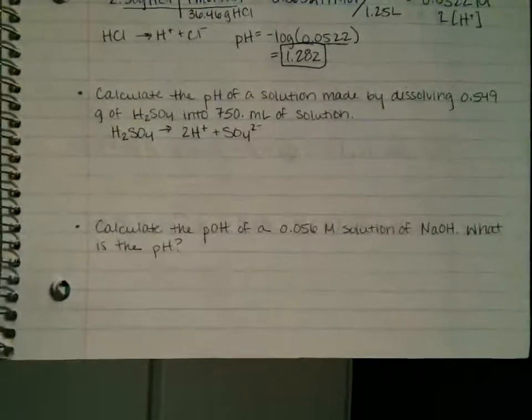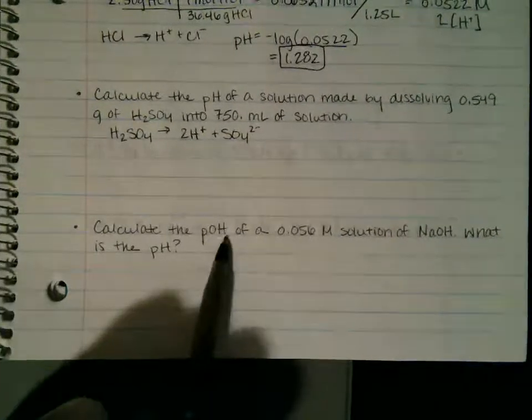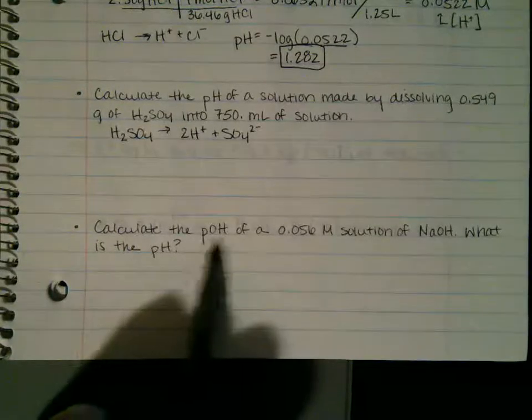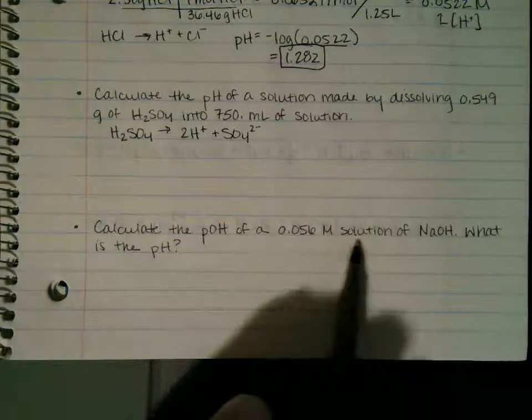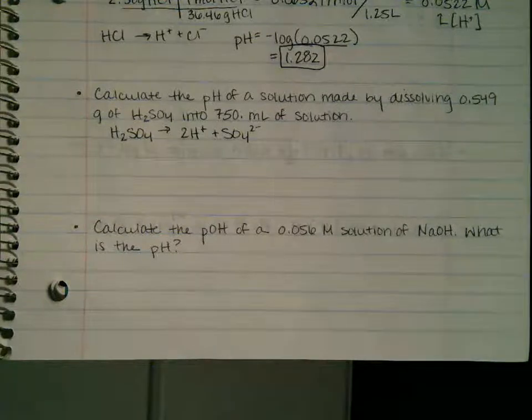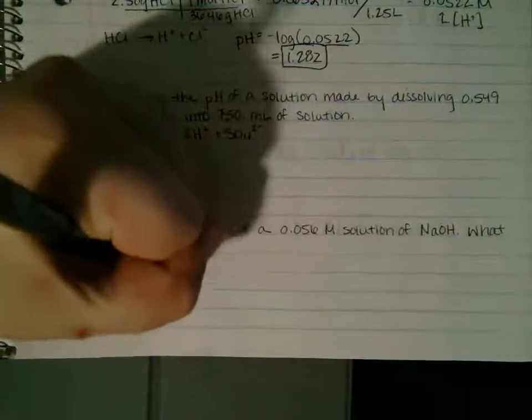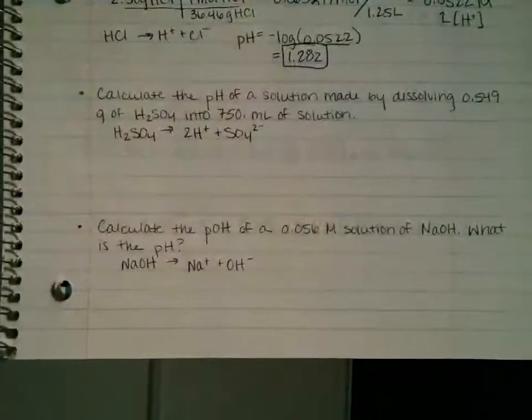Okay, and this next problem, now we're getting into the pOH stuff. What happens if we have a base? First thing is to calculate the pOH of a 0.056 molar solution of sodium hydroxide. We will remember that when sodium hydroxide dissociates, we're going to get a sodium ion and a hydroxide ion, right?